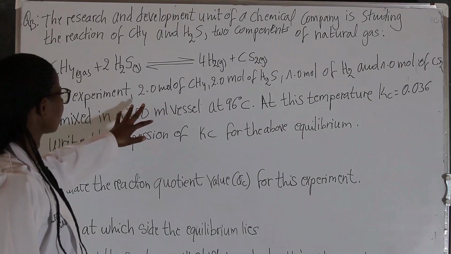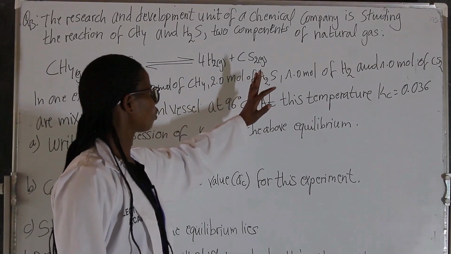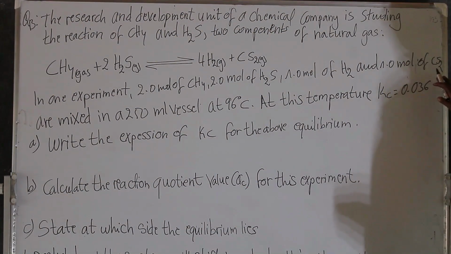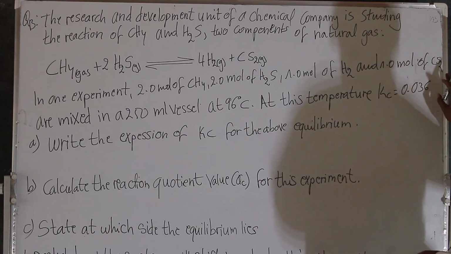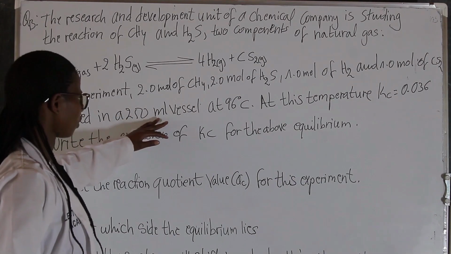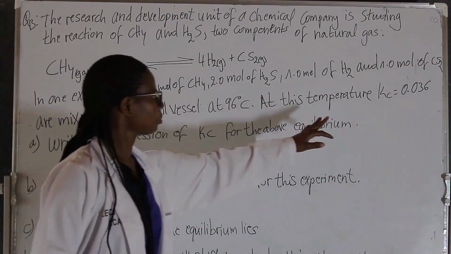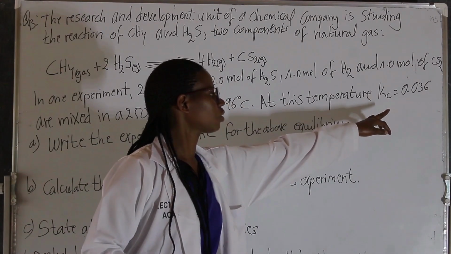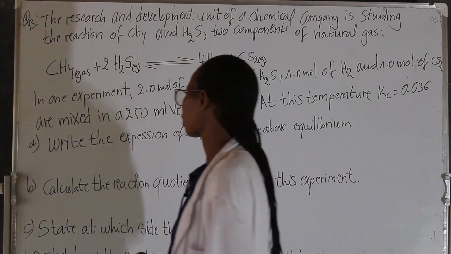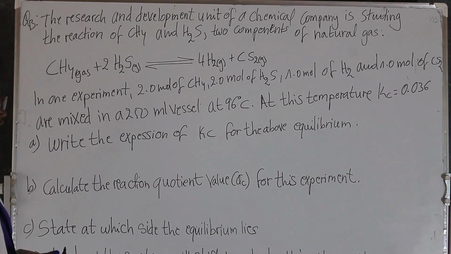In one experiment, 2.0 mole of methane, 2.0 mole of hydrogen sulfide, 1.0 mole of hydrogen gas, and 1.0 mole of carbon disulfide are mixed in a 250 milliliter vessel at 96 degrees Celsius. At this temperature, the equilibrium constant Kc is equal to 0.036. Question number A: write the expression of Kc for the above equilibrium.